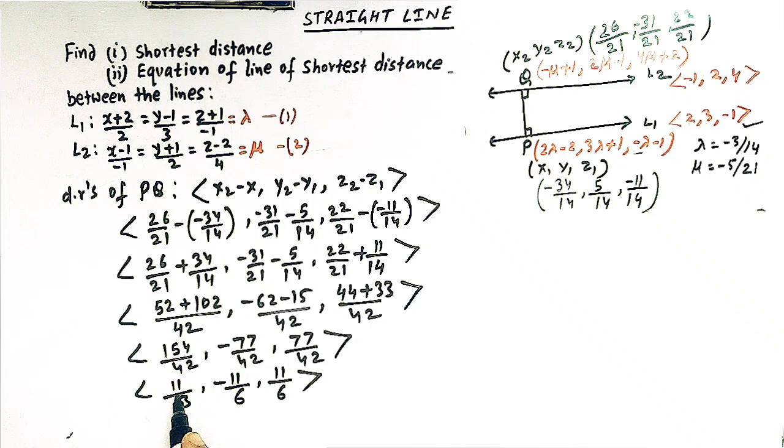Now see here we can see that 11 over 3 is a common factor, right?